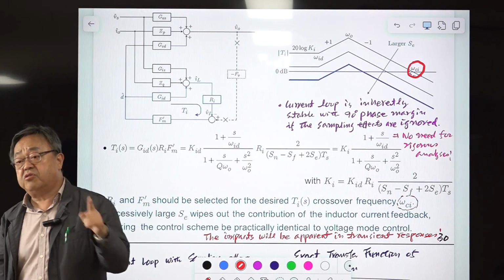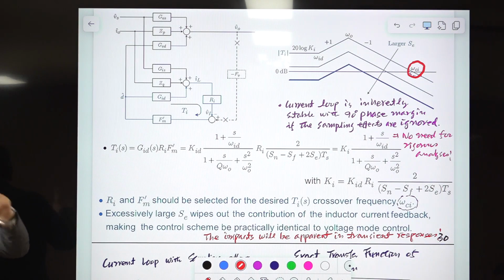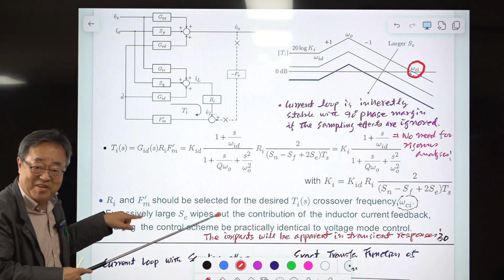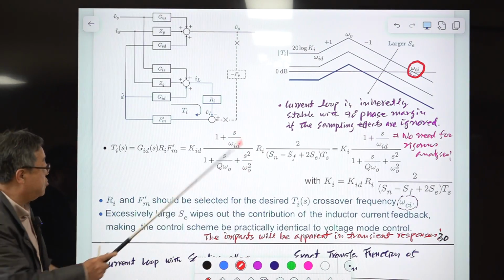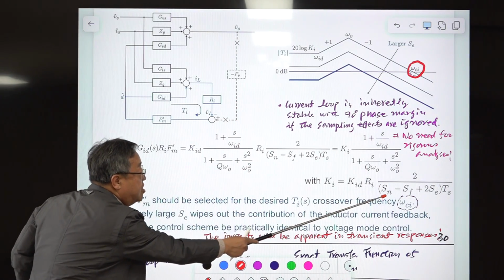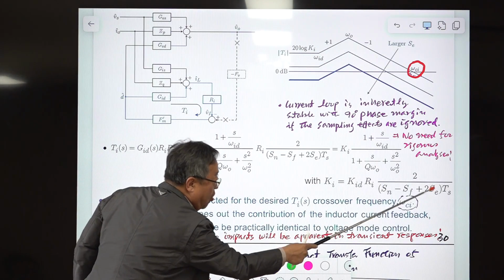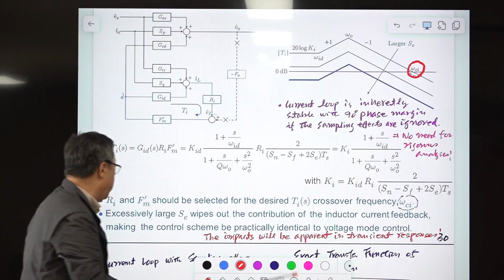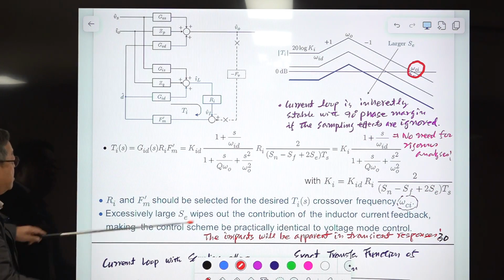This indicates there is only one free parameter when designing this. They are not independent variables. You determine this, this is determined, then the only remaining undetermined parameter is this one.